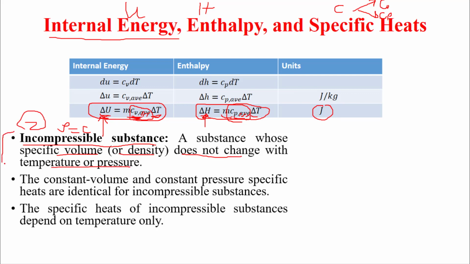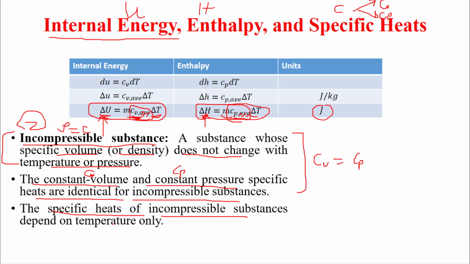The constant volume specific heat CV and the constant pressure specific heat CP are identical for an incompressible substance. So whenever we have an incompressible substance, we can say that CP equals CV. They are identical. The specific heats of incompressible substances depend on temperature only. So this is the second special case.